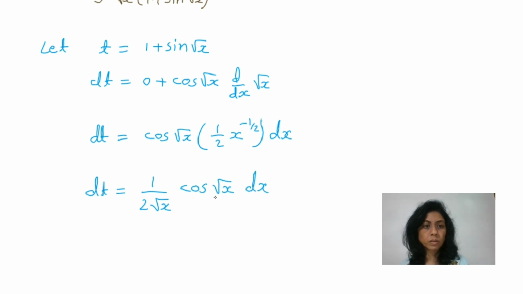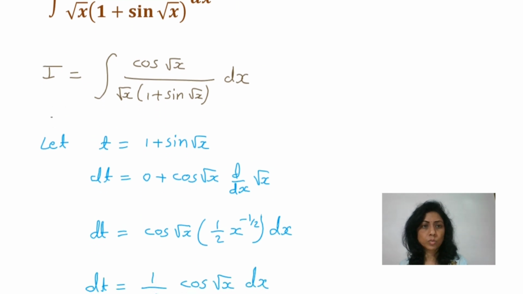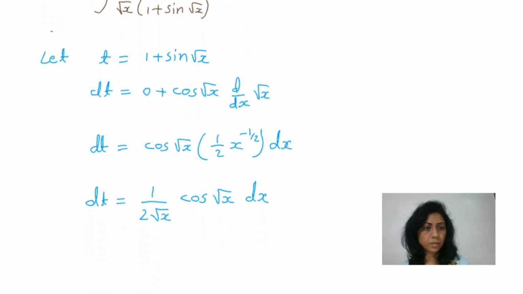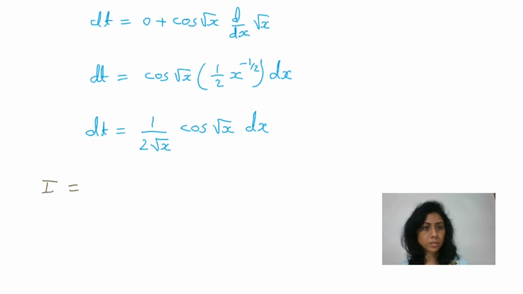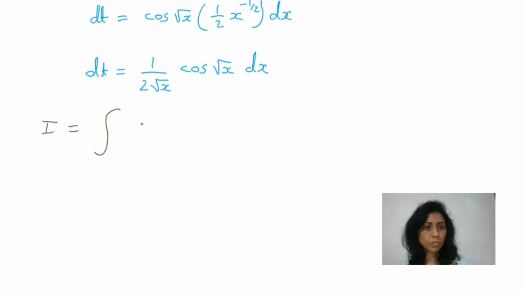Okay, we can substitute these values here, and convert this into a t function. So I will be integrating: here this one is 1 plus sine square root x, we can write t, so it means 1 upon t.